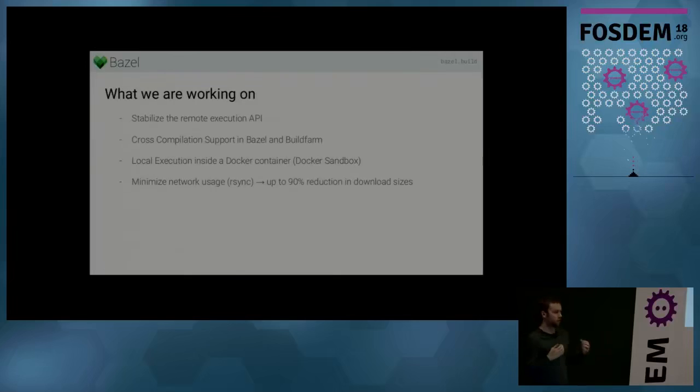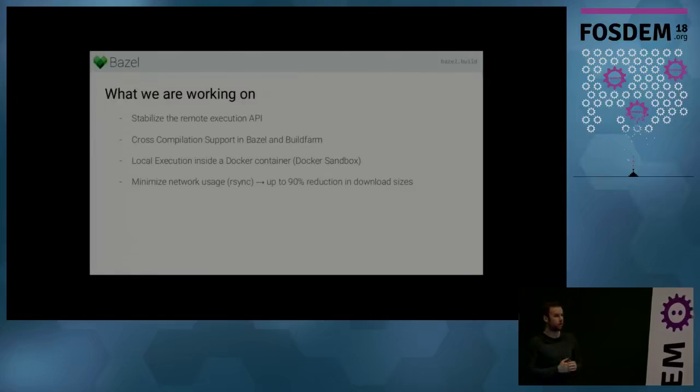And so we thought that if builds are incremental in Bazel, why shouldn't downloads be incremental too? So we are currently working on an rsync protocol implementation for remote caching and execution in Bazel. And so far our tests have been pretty promising in that they showed up to like a 90% reduction in downloads.